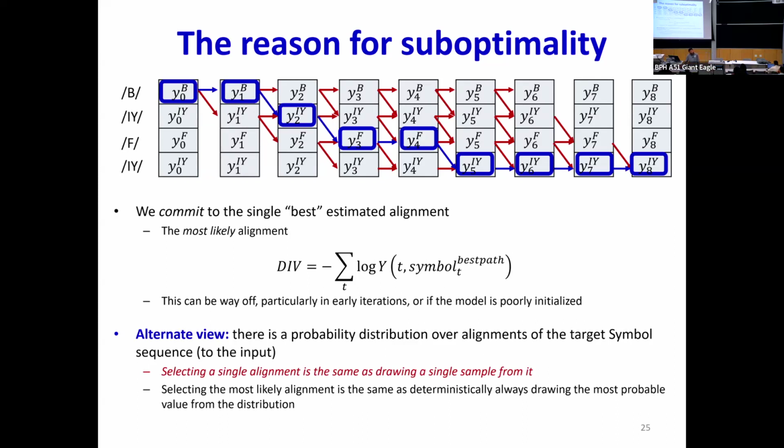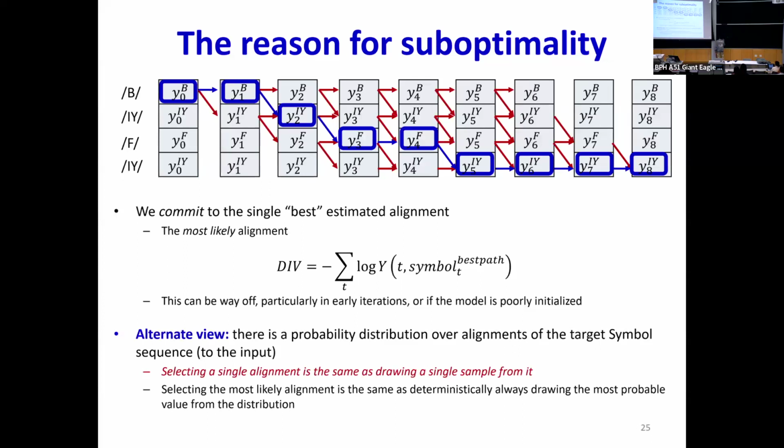So once again, when I'm speaking of the most probable alignment, what this really means is that there is a probability distribution across all alignments. So for example, over here, I could have something like that. That's one alignment, right?